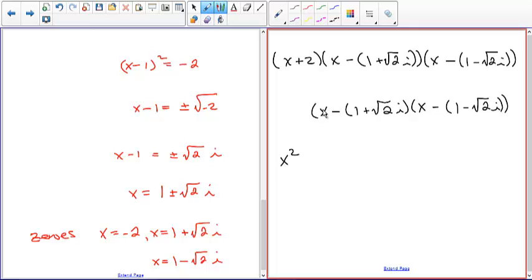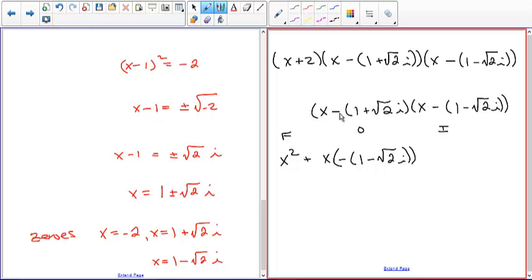So first you'll get x times x, which is x squared. That's F. O is next, outer. So you get x times that, which is going to be negative the quantity 1 minus the square root of 2i. Then you have the inner, which is these two. So again, I'm going to switch the order. You'll have a negative sign from here.